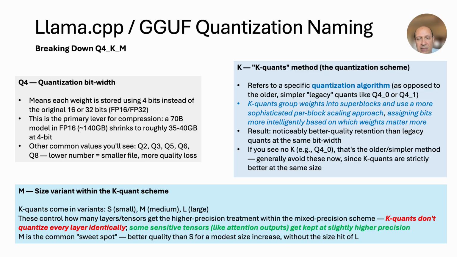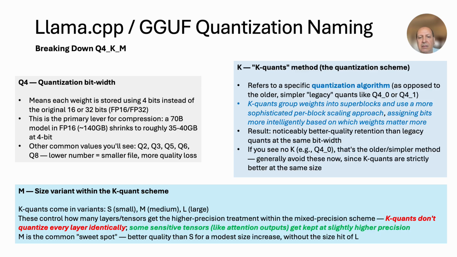So the size is divided by 4. Other common values you will see are things like Q2, Q3, Q5, Q6, or Q8. Again, this is the number of bits used for the quantization. The lower the number is, the smaller the file is, and the more the quality loss.